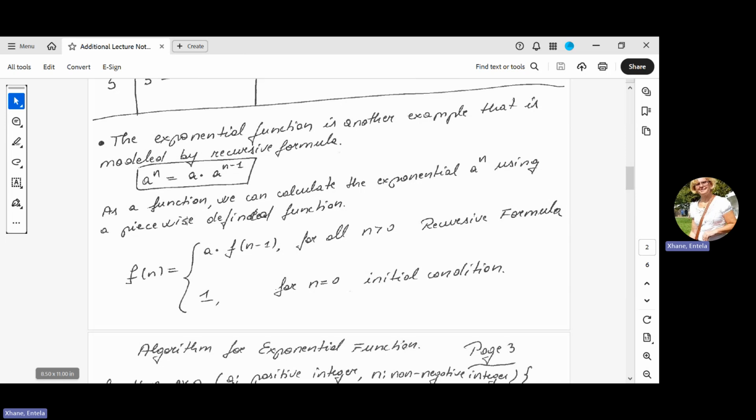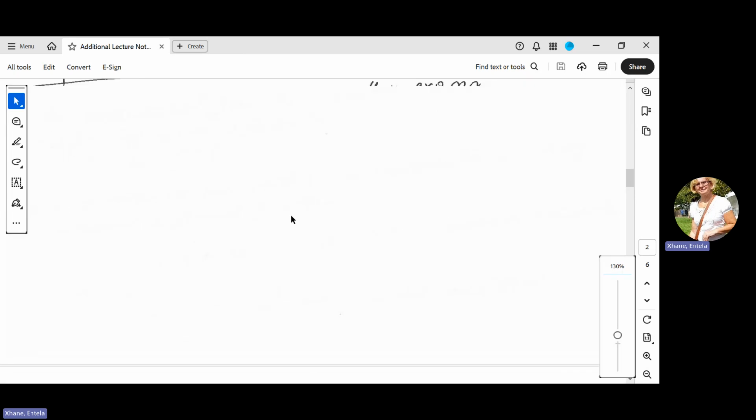The idea comes from the fact that if you multiply powers of the same base, you add exponents. Now, a by itself is a to the power 1. So a to the power 1 times a to the power n minus 1, you add exponents, so you have a to the power n minus 1 plus 1. The 1 cancels out, so it's a to the power n. The same idea is used to create the exponential piecewise defined function.